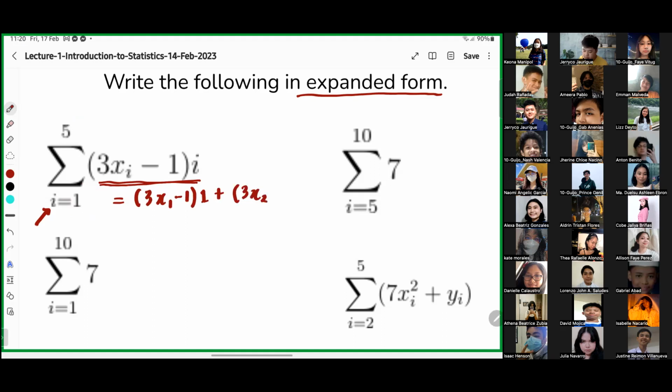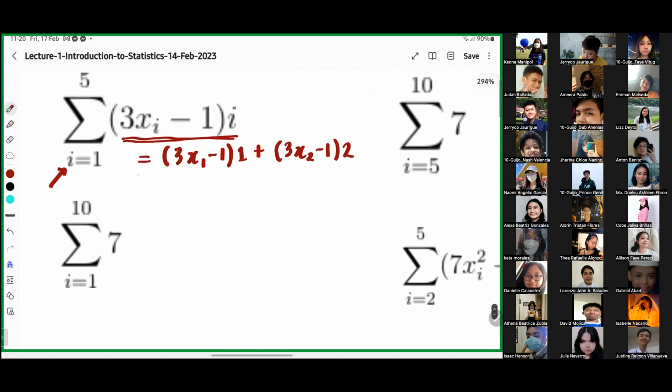Tama? Kasi tapos tayo sa 1 eh. So 2 na tayo. Minus 1 times 2. Tama? So what do you think will be the next one? Plus 3x. Tapos po yung maliit na 3 minus 1. Alright. Tapos sa labas po ng parenthesis ay 3 po.